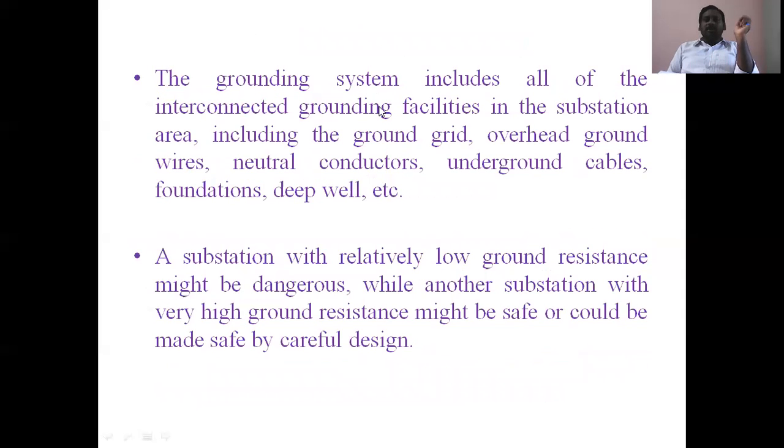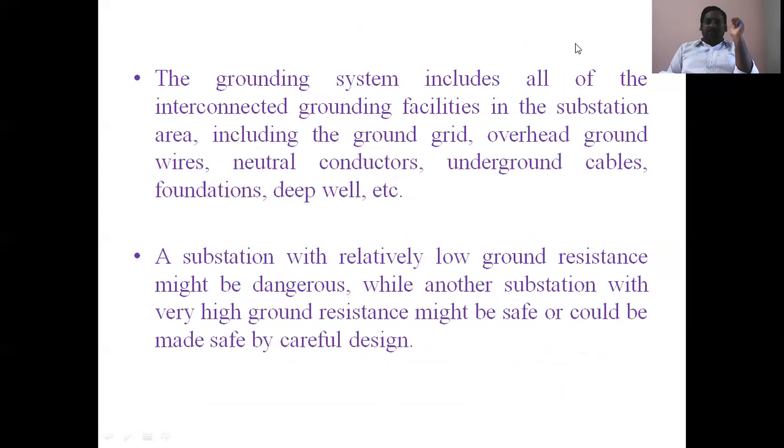The grounding system includes all of the interconnected grounding facilities in the substation area, including the ground grid, overhead ground wires, ground neutral conductors, underground cables, foundations, deep wells, etc. Ground grid means earth mat.